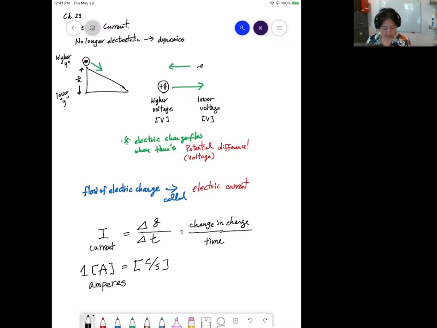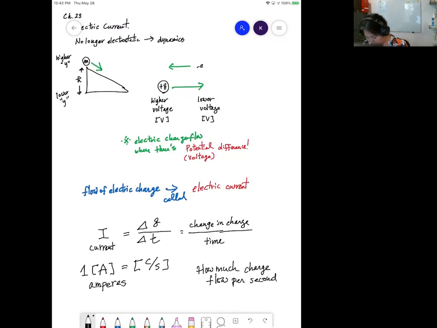All right. You see this represents how much charge flows per second.